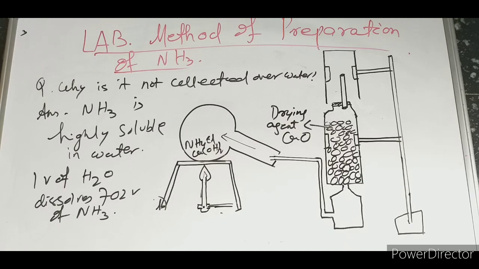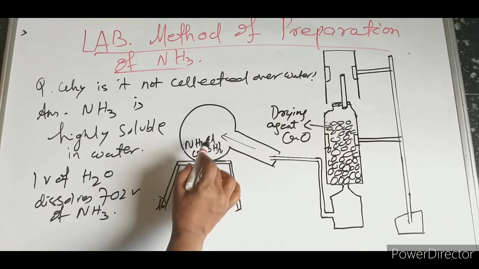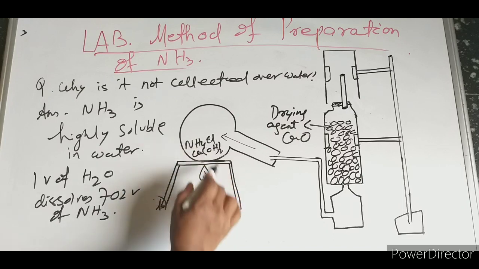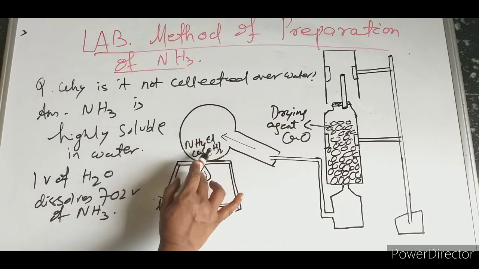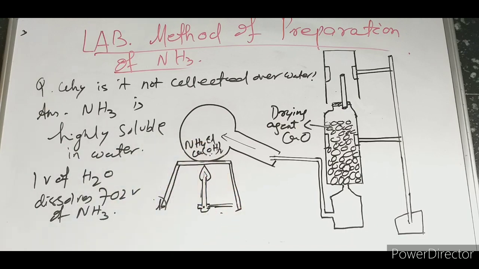This is at normal temperature, 1 atmospheric pressure, and nearly 20 degrees. So the reactants we take are ammonium chloride and calcium hydroxide. The main purpose of taking calcium hydroxide is that it is not deliquescent like sodium hydroxide and potassium hydroxide, and it is cheap and easily available. More calcium hydroxide should be used so that ammonium chloride will not undergo sublimation.